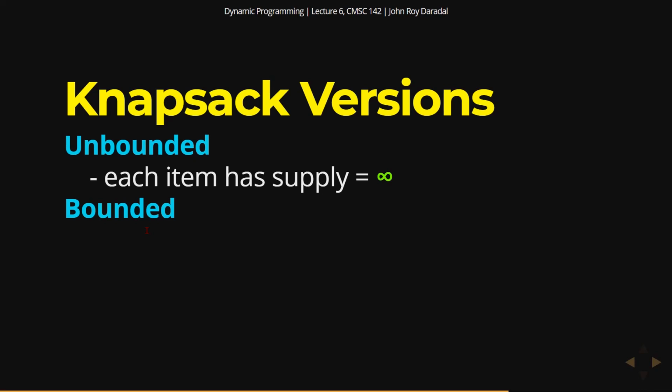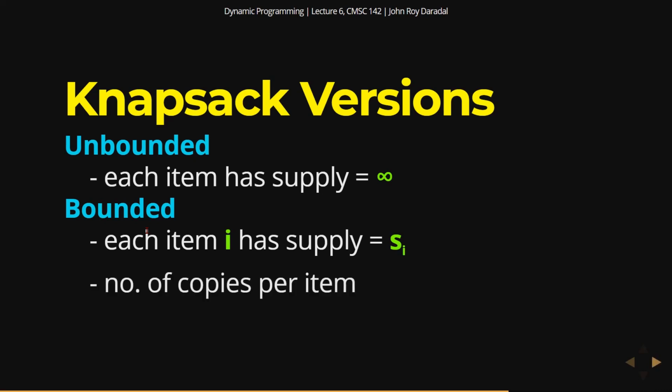Whereas in bounded knapsack, each item i has a specified supply, so it has a finite count. There is a number of copies per item. So let's say item A could have 5 copies, item B could have just 3, item C could only have 1, and so on.